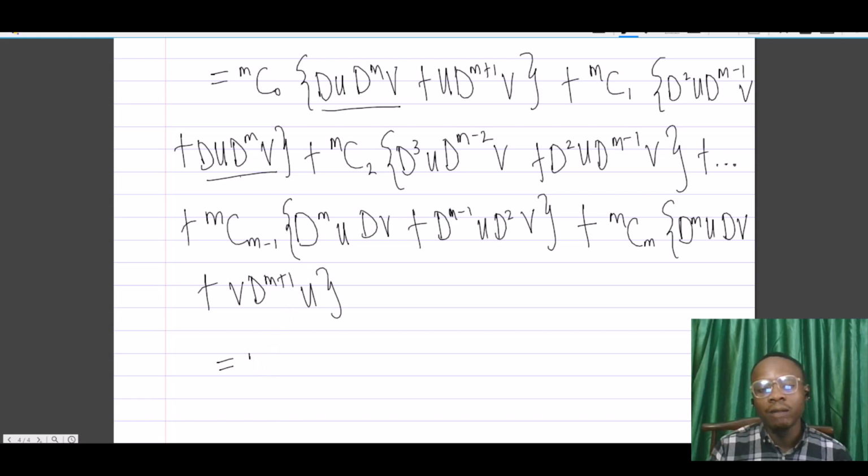So if you bring those two together, we're going to have m combination 0. That's the coefficient of this first one. So we can write this as m combination 0, and then the coefficient of the second one there for our du dmv, those are the only two places we have this.